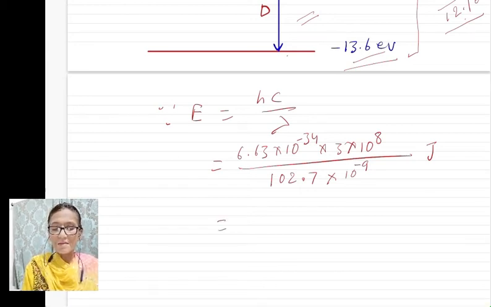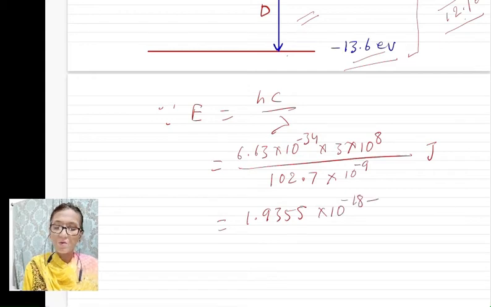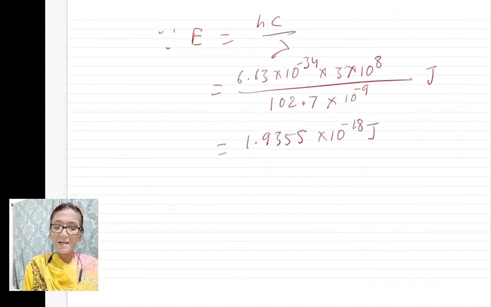And this is equal to, I have already calculated this, 1.9355 into 10 to the power minus 18 joule.